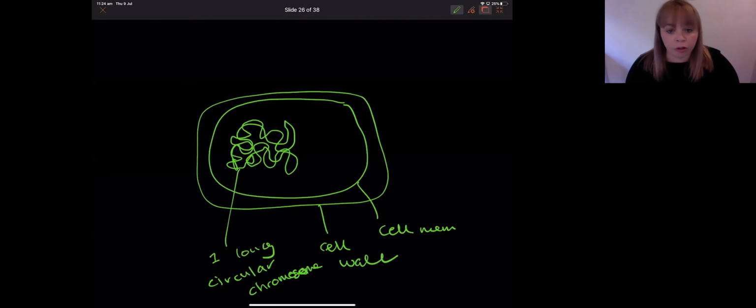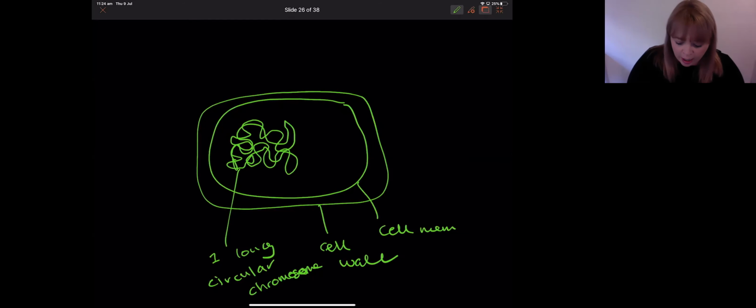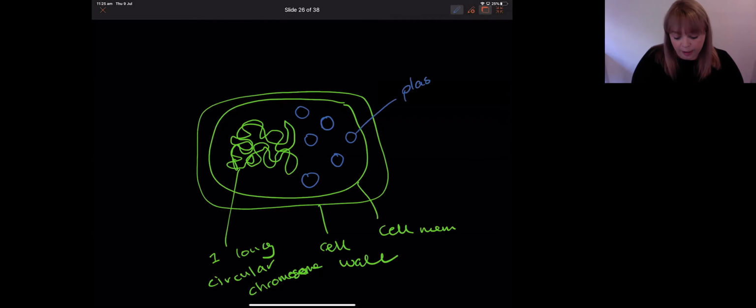It's got no nucleus because it's prokaryotic, but then it also has these little guys here. These little circles, and there's heaps of them within the bacteria, are called a plasmid.